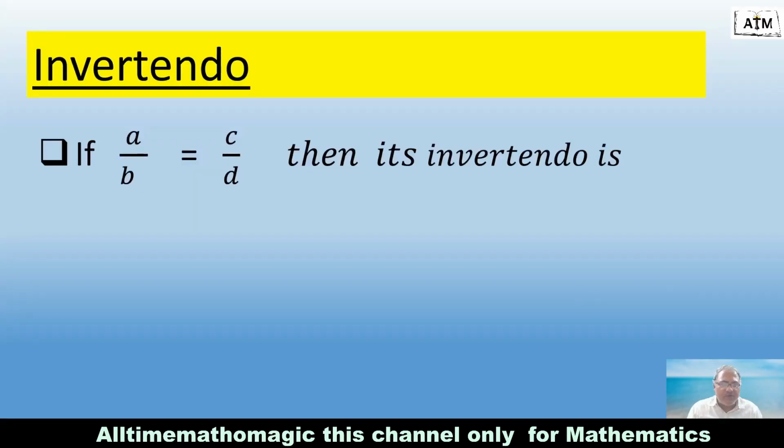Now the definition of invertendo: if A upon B equals C upon D, then its invertendo is given by B upon A equals D upon C.